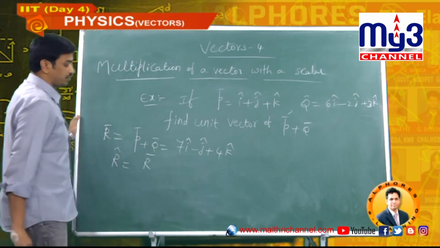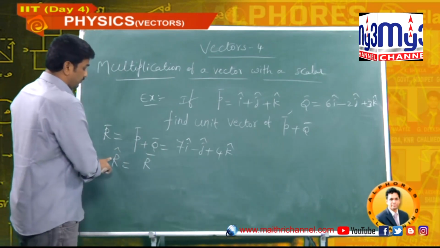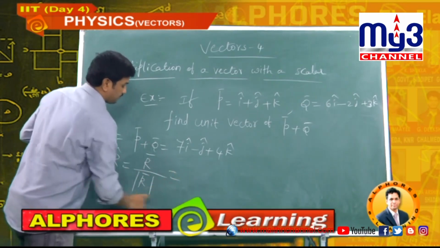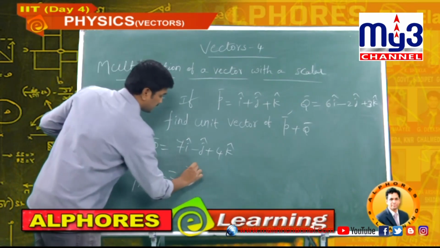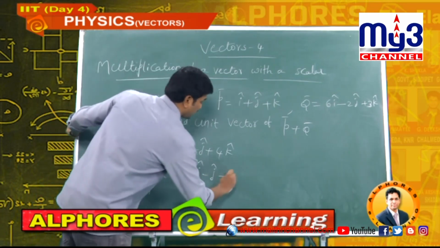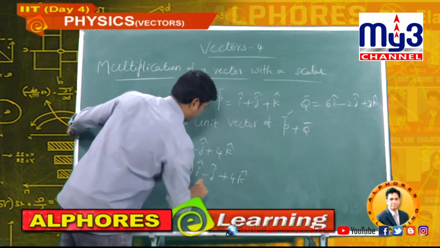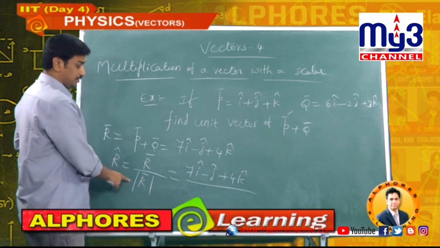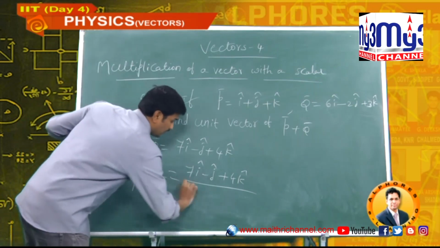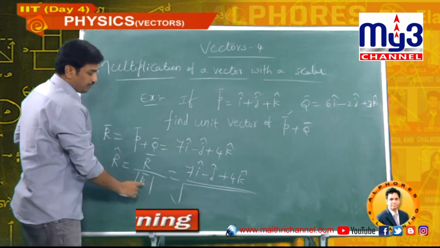What is the definition of unit vector? Unit vector is r bar by mod r bar. What is r bar? 7 i cap minus j cap plus 4k cap. In the denominator, the magnitude of r bar we should calculate. How to calculate the magnitude of a vector?